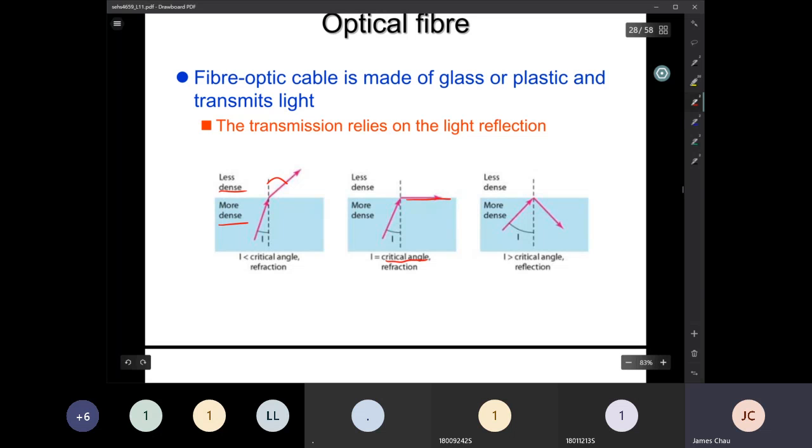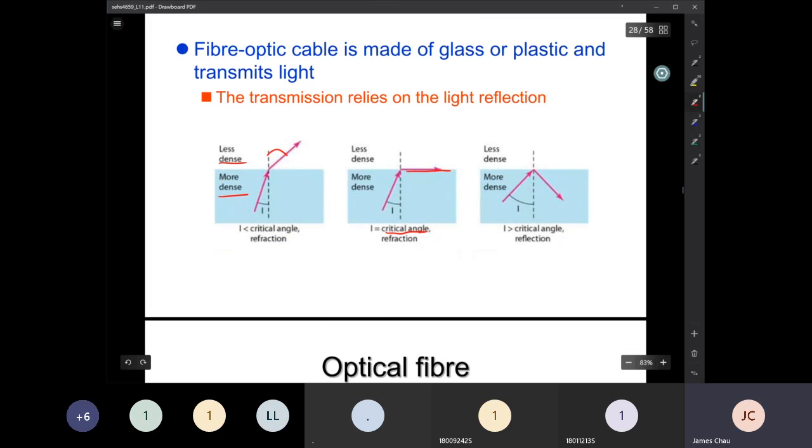This angle is the so-called critical angle. If you have an angle larger than the critical angle, you have total reflection at the interface between the less dense and more dense medium, and it relies on the light reflection.